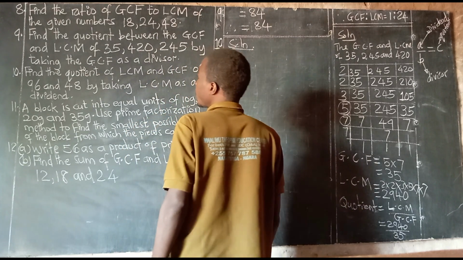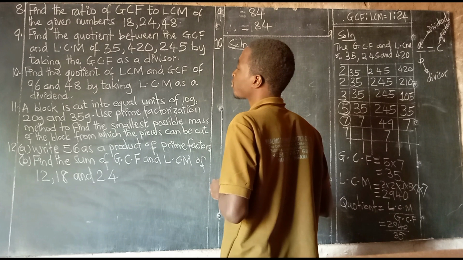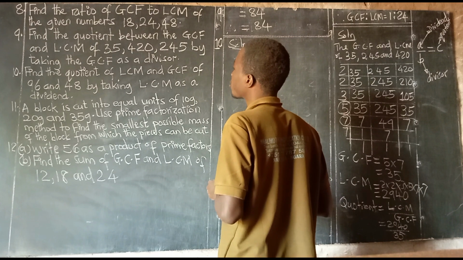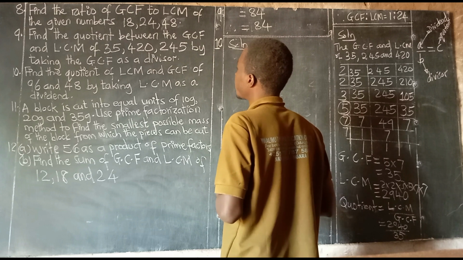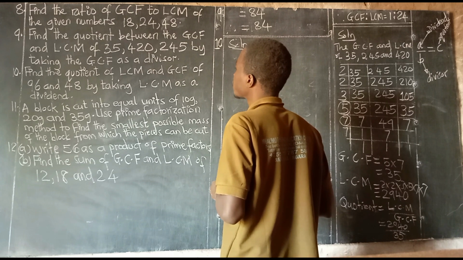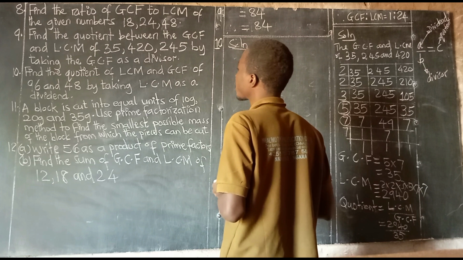Again, you are asked to find the LCM and the GCF of 96 and 48, but after obtaining those two values, you have to find the quotient. The LCM should be taken as a dividend.